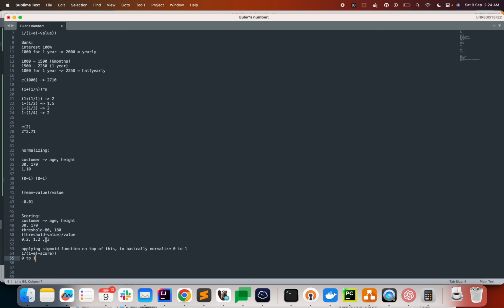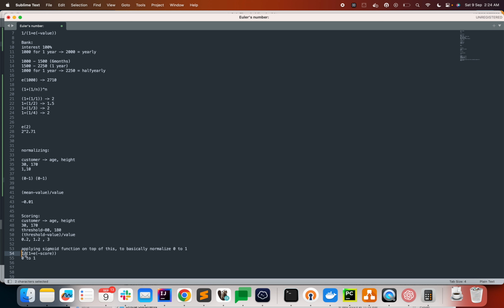Let's say this value is very small, 0.1, so this is still 1.1. 1 divided by 1.1 will still be below 1. So this 1 plus e power minus score can be any value, greater or lesser, but it should be more than 1, right?